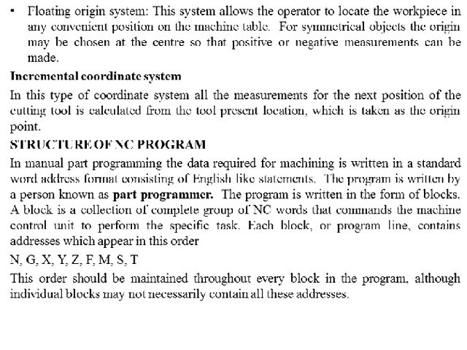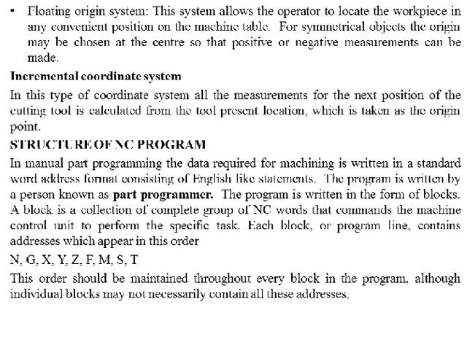So in the incremental coordinate system, the measurements for the next position of the cutting tool are calculated based upon the tool's present location. Suppose we need to measure the coordinates for the next position, then based upon the present position of the tool we take the measurements.